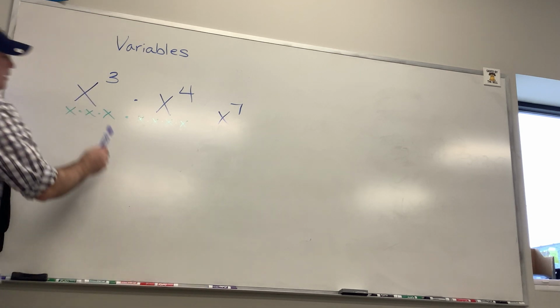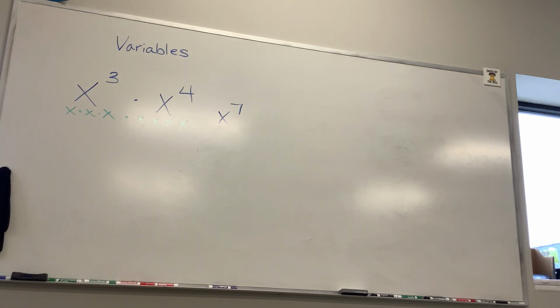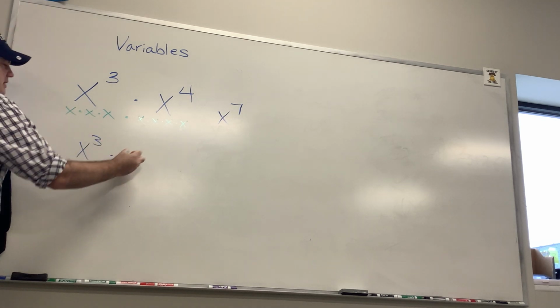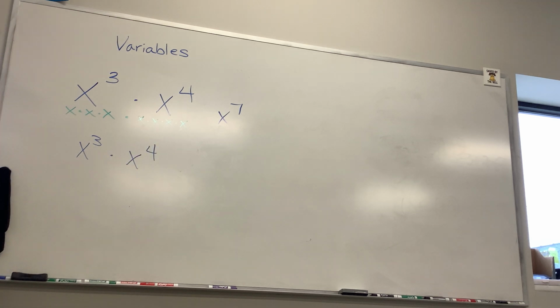So, going back to this here, what that means, now that we're understanding why we are using letters, is that I can plug in anything for x and it would be true and it would be what this lays out. So let's say our original problem of x cubed times x to the 4th, and let's say I said, okay, x is going to be 2.